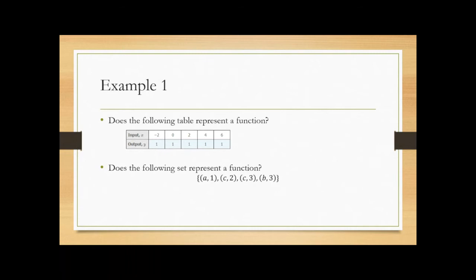Does every input only have one output? David, you can type it in the chat box if you want, or you can turn on your microphone, whatever you'd like. Yes. Each input only has one output.